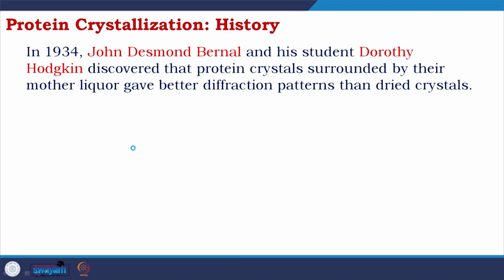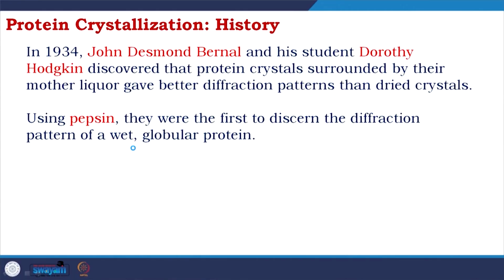In 1934, John Desmond Bernal and his student Dorothy Hodgkin discovered that protein crystals surrounded by their mother liquors gave better diffraction patterns than dried crystals. So, up to then people did not understand how to continue the process. They found that it is the mother liquor, I will talk about the mother liquor further, that would be helpful.